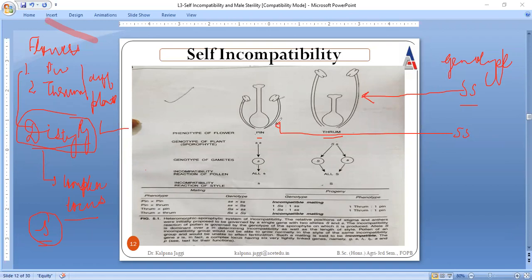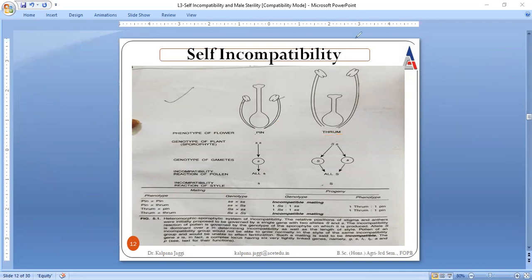Now I will be discussing some of the crosses. The very first is what we talked about, the complex locus S.